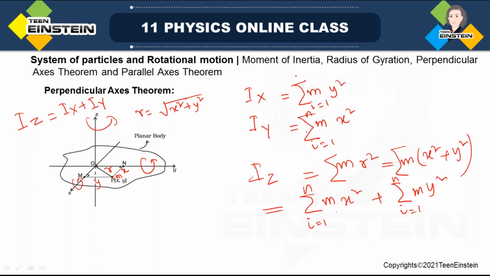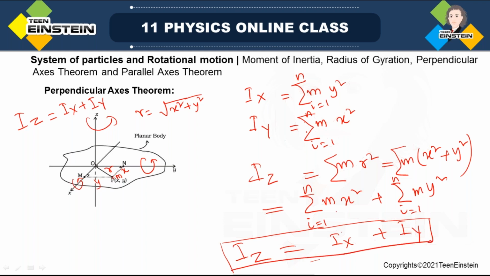So this particular part is Ix and this particular part is Iy. So we could prove the perpendicular axis theorem. This is how you can prove the perpendicular axis theorem.